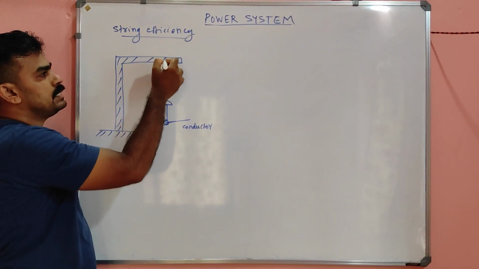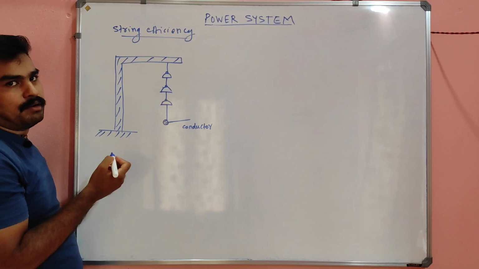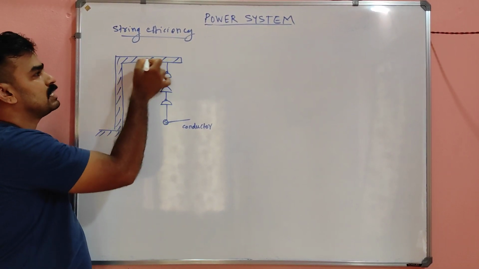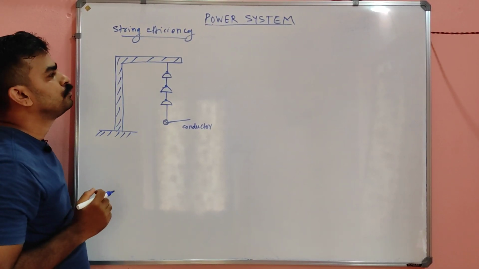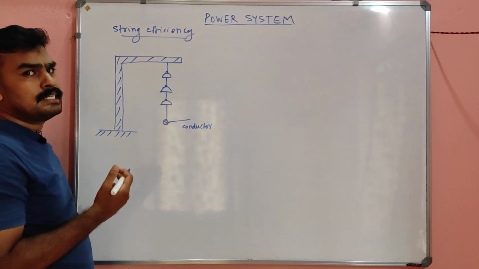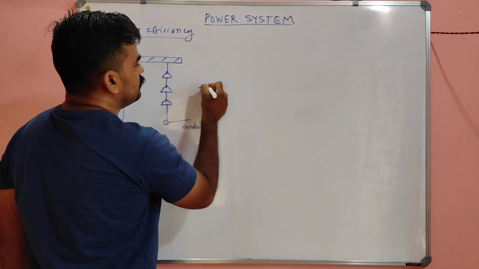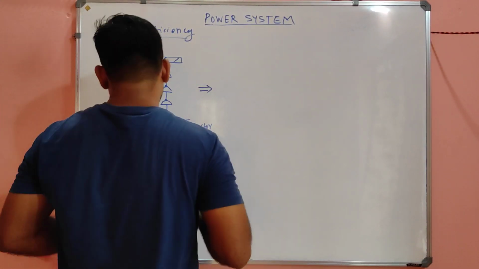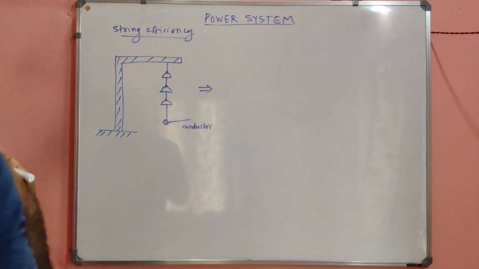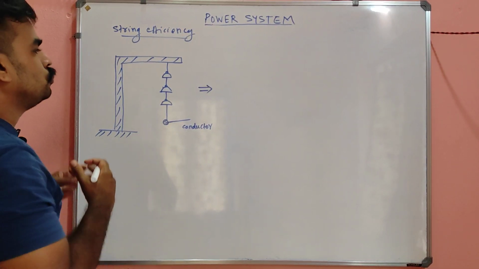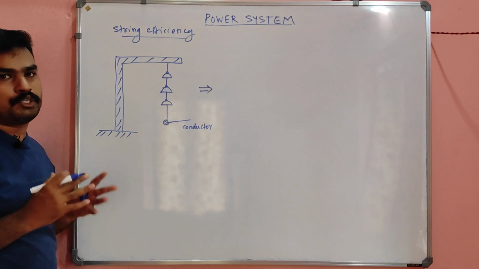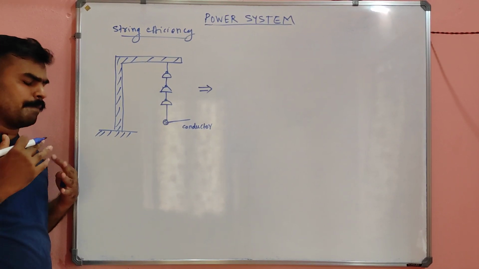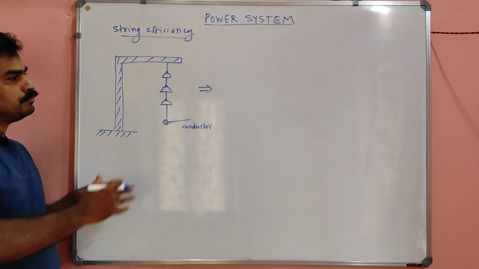This is the cross arm. That cross arm is directly connected to the earth, and there are two types of capacitance formed for this type of string insulator.